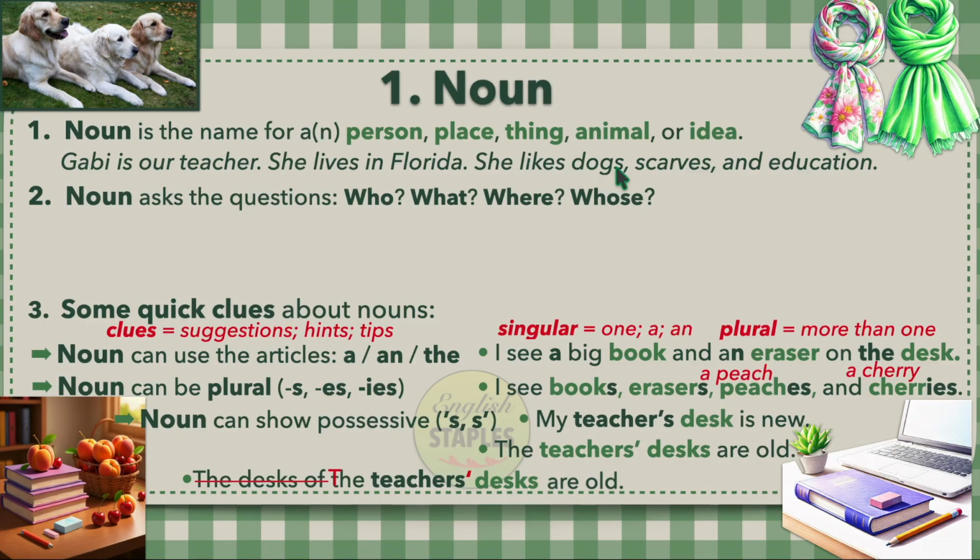She likes dogs, scarves, and education. This word, scarves, these are scarves, right? You have singular, a scarf. That's singular. Plural, scarves. The F turns into a V and then you add ES. Scarves. Let's discover the nouns in these three sentences.